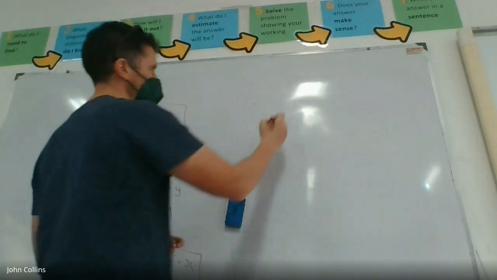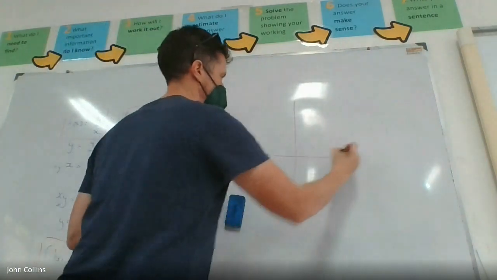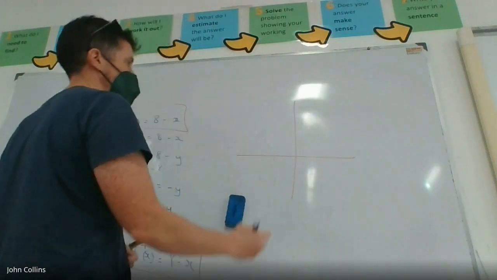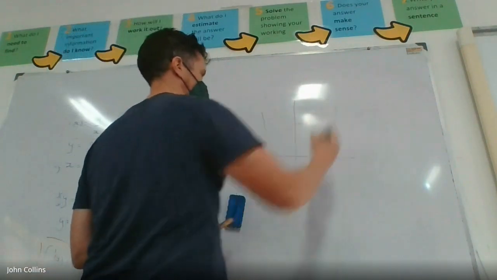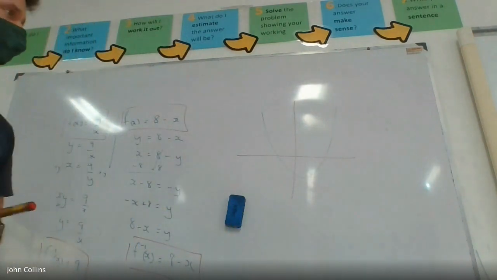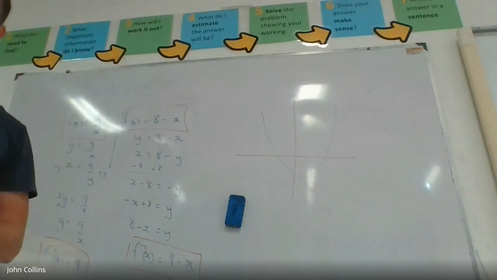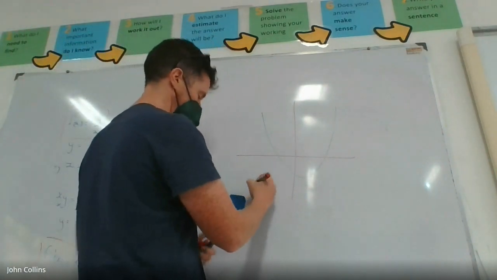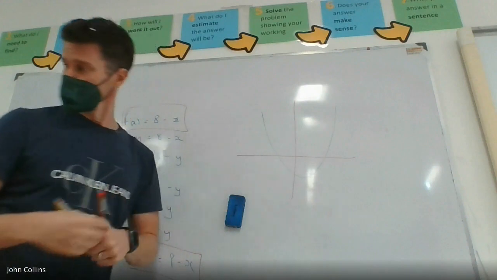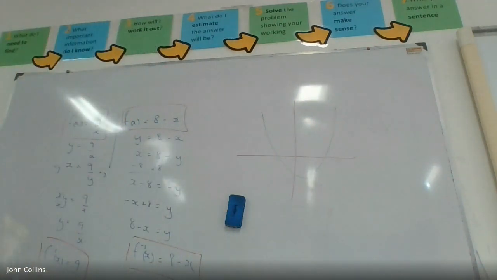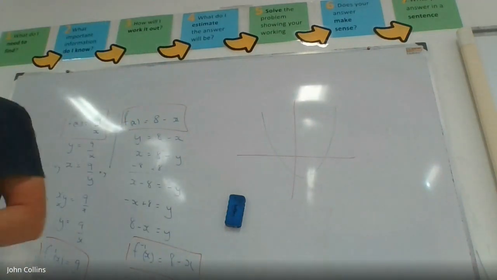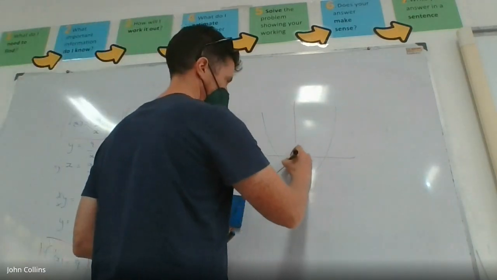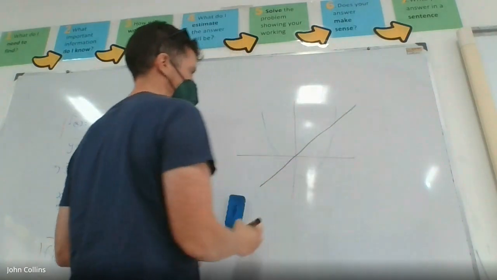So let's say we have some function. It's a quadratic one. The inverse of that is its reflection in a certain line. It's the reflection in this line.